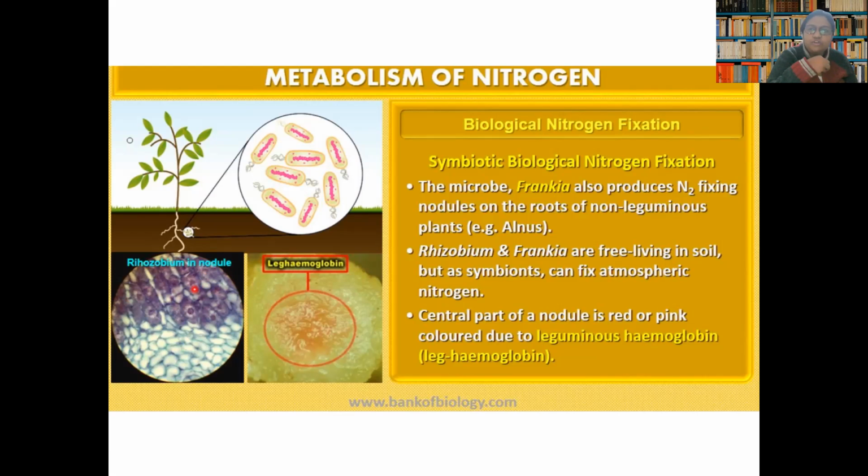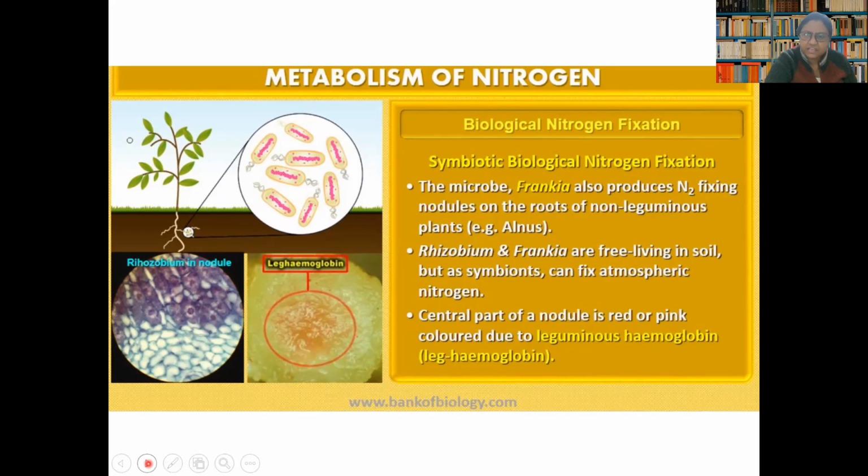The role of hemoglobin is to transport oxygen, but you know that a hemoglobin-like molecule is present in our muscle and we call it myoglobin, which stores the oxygen in the red muscle, so that at the time of need, if supply is less than demand, then we can utilize that oxygen.